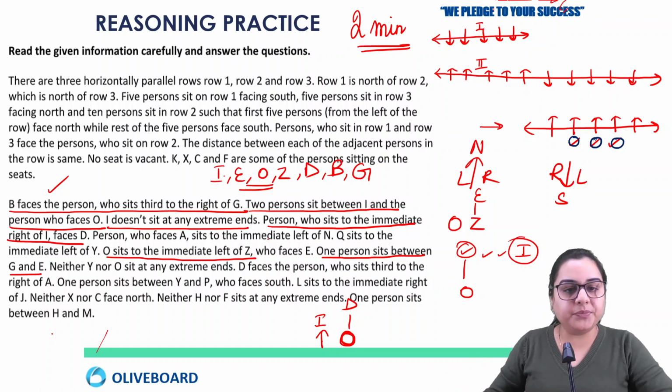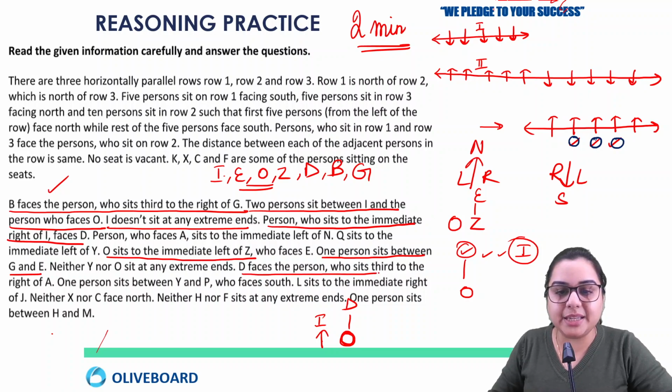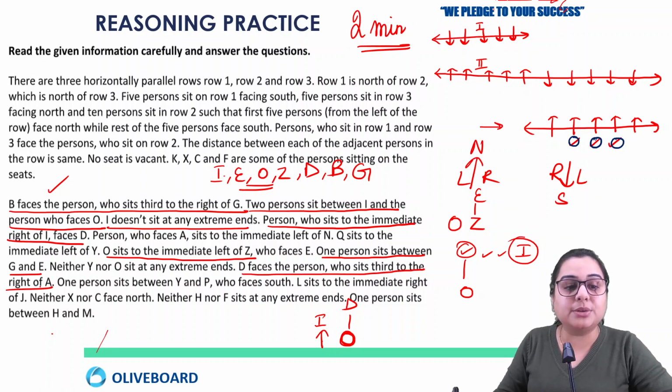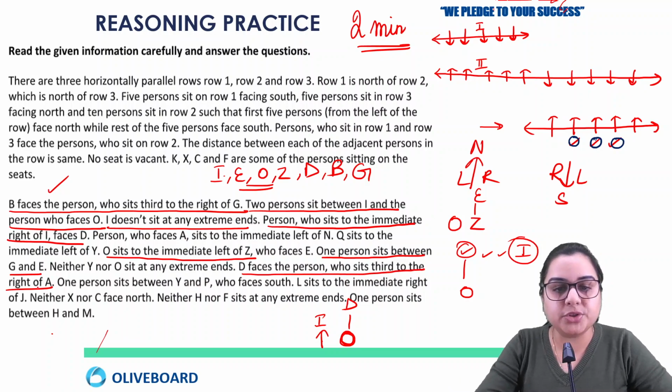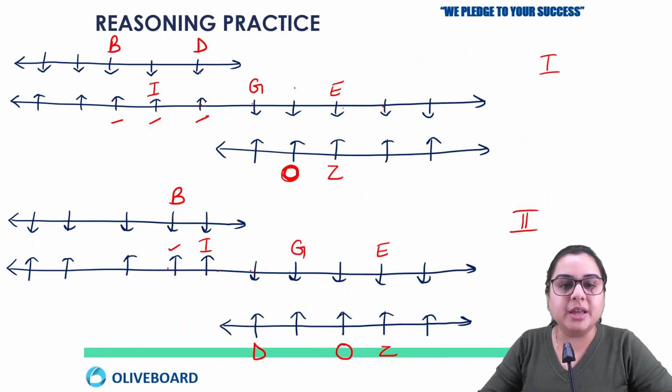Okay, so here there is some information about N, I think. Let's see what else we can use. Here we have this information that D faces the person who sits third to right of A. So now we should pick this line.